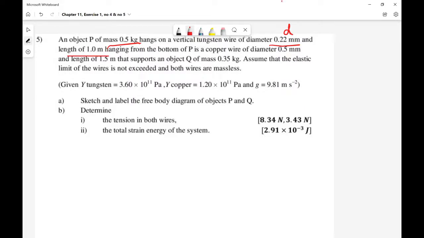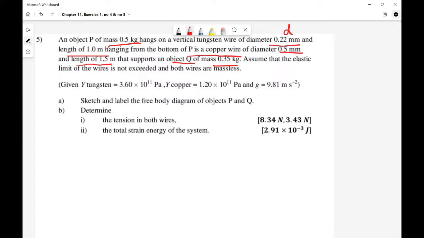Hanging from the bottom of P is a copper wire of diameter 0.5 millimeter and length 1.5 meter that supports an object Q of mass 0.35 kilogram. Assume that the elastic limit of the wire is not exceeded, and both wires are massless.